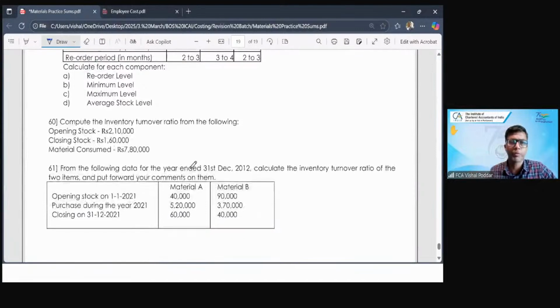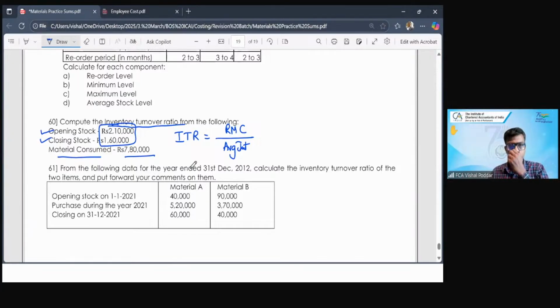And one last question before we proceed, that is of inventory turnover ratio. How do you find out inventory turnover ratio? It is raw material consumption upon average inventory. Now, how do you find out raw material consumption? Opening plus purchase minus closing gives you raw material consumed. Or if you're directly given raw material consumed, no problem. So in this question, I'm already given raw material consumed.